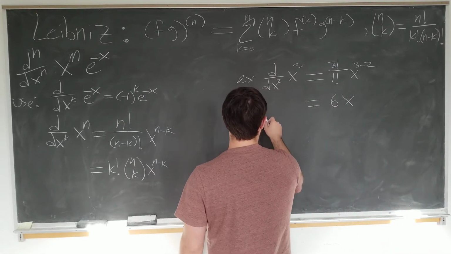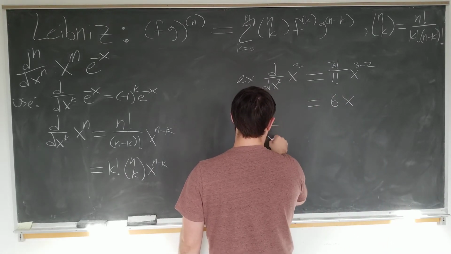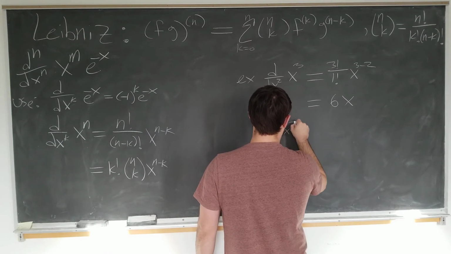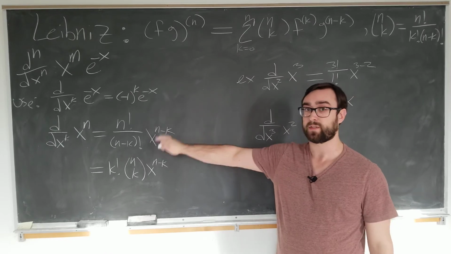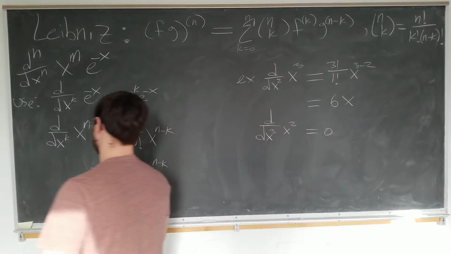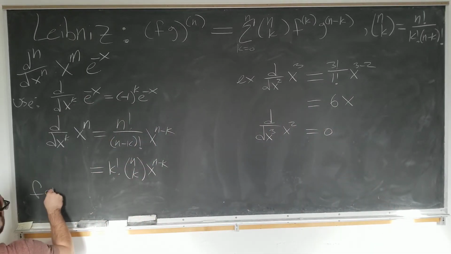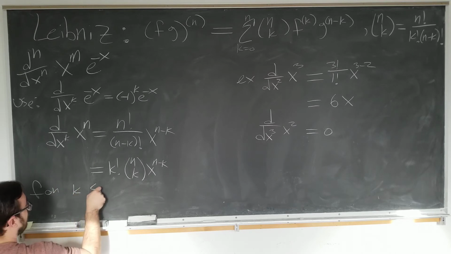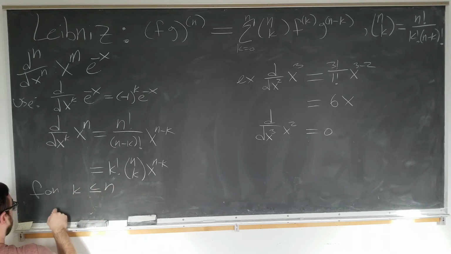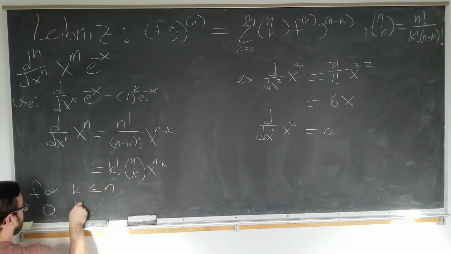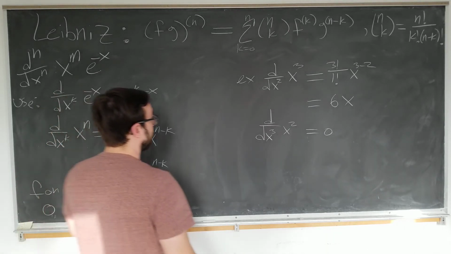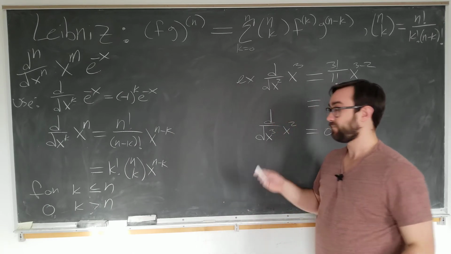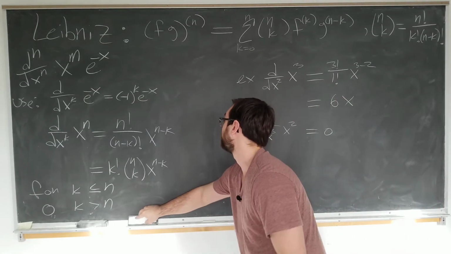And also note, it tells us that if we had the third derivative of x squared, this will be 0. So this formula is only valid for k less than or equal to n. It's going to be 0 for k greater than n. This is very important.